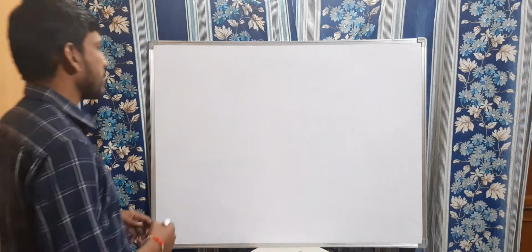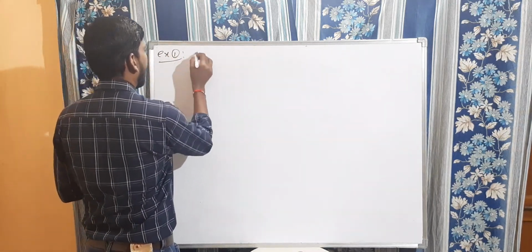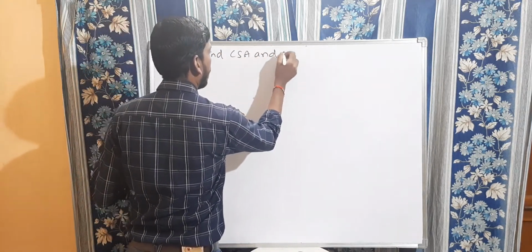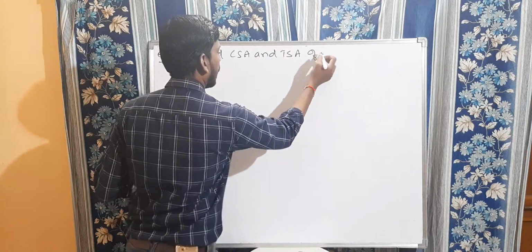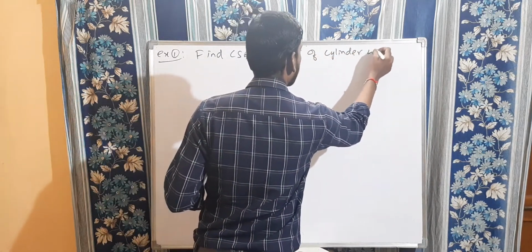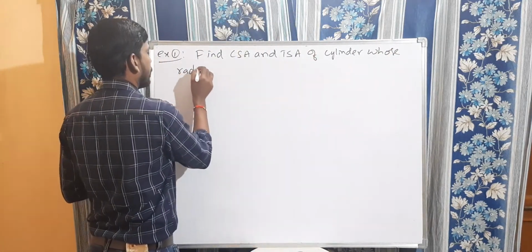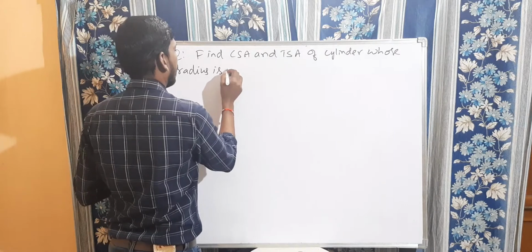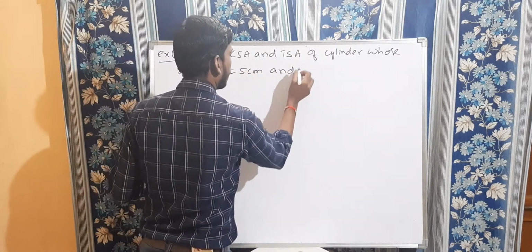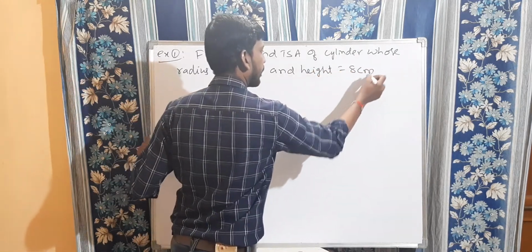Let us discuss a simple example. Example 1. Find the CSA and the TSA of cylinder whose radius is 5 centimeters and the height is 8 centimeters.